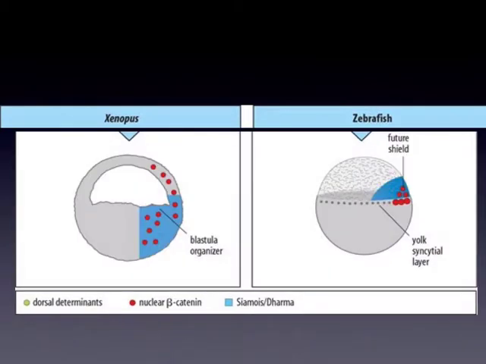And what you'll notice now is that the region that is doing the signaling in the zebrafish is basically in the same location, but it's a little bit different, and we call it the shield, not the organizer or the dorsal blastopore lip, because there is no dorsal blastopore lip. The shield is the organizer in the zebrafish.